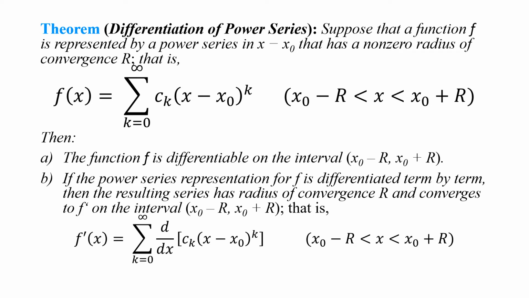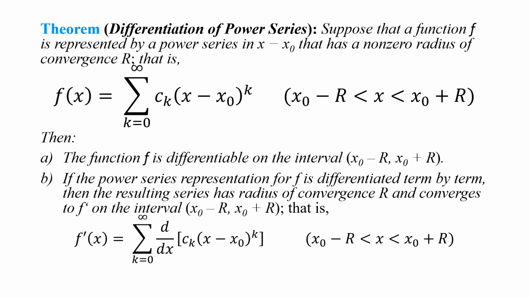Okay, so this theorem has an important implication about the differentiability of functions that are represented by power series. According to the theorem, the power series for the first derivative of f has the same radius of convergence as the power series of f, and this means that the theorem can be applied to the first derivative of f as well as to the function itself.